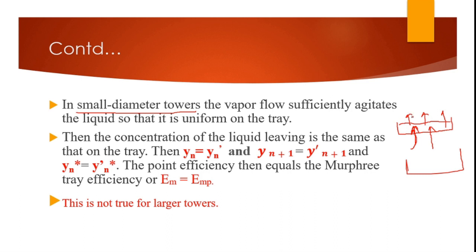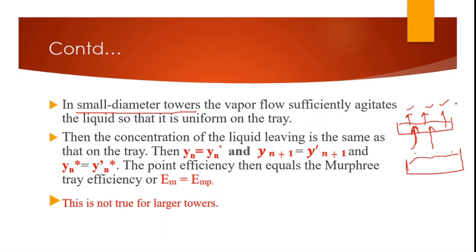So we have the same concentration of vapor at any point on the tray, and also on the tray below, in the same tower. The tray below is also facing the same agitation, and the vapor coming out from the tray below also has the same concentration at any point over the tray.